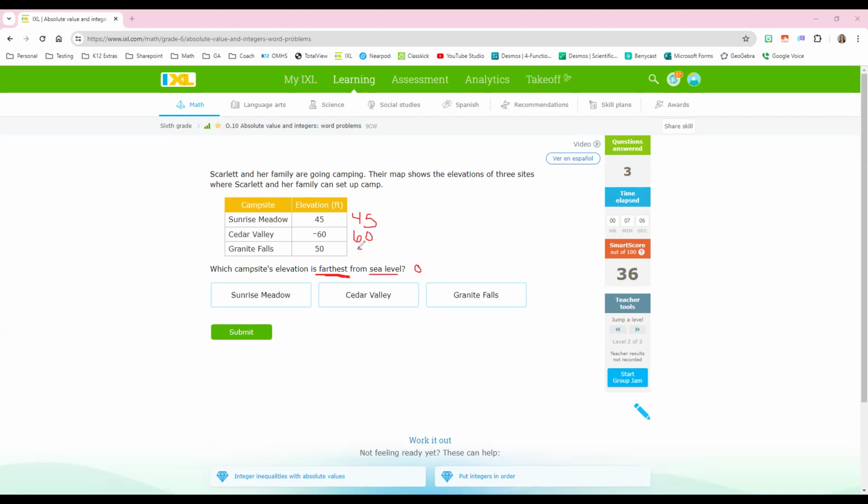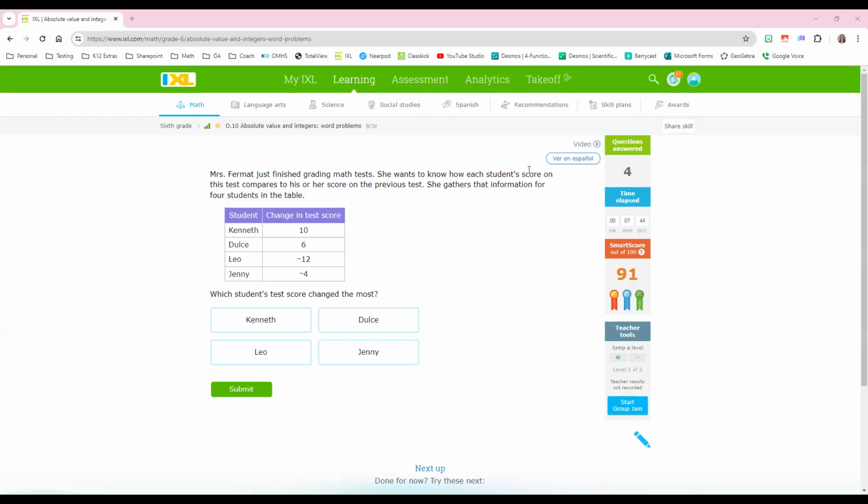Absolute value of 50 is 50. So which one of these would be the farthest away from 0? You can kind of think of that number line. You have 0, then we'd have 45, 50, and 60. So 60 is the farthest away. So Cedar Valley is the campsite's elevation that is farthest away.